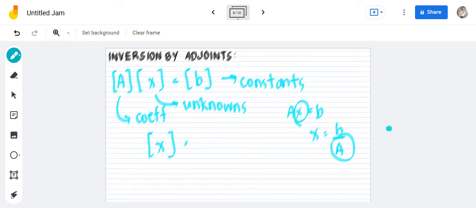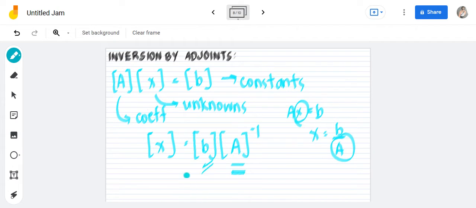So instead of B divided by A, we write the matrix equation as the inverse of A times B. We have solved this already.